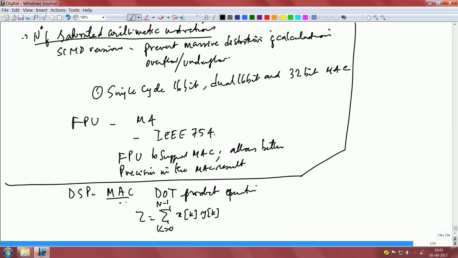These are the two vectors, let us say 32 bit values. The goal is to represent the result Z in a 64 bit representation.